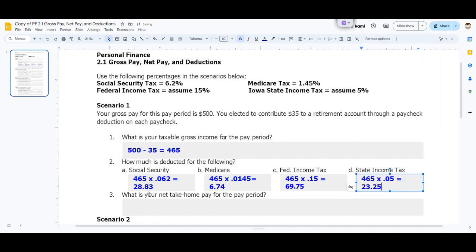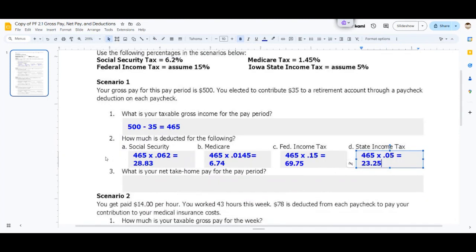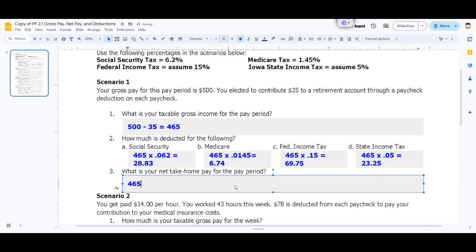All right, and then finally, what is our take-home pay? What is our net pay? All right, so we started with $500 earnings, 35 went to a retirement account, bringing us down to 465. And then we have these 4 taxes that we're taking out. So 465 minus the sum of 28.83, 6.74, 69.75, and 23.25.